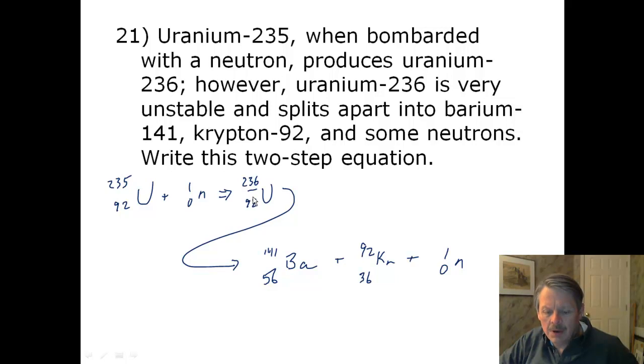Did I do that right? 141 and 92, that's 233. But I have to get to 236. Well, I'm 3 away, so I need to have 3 neutrons.